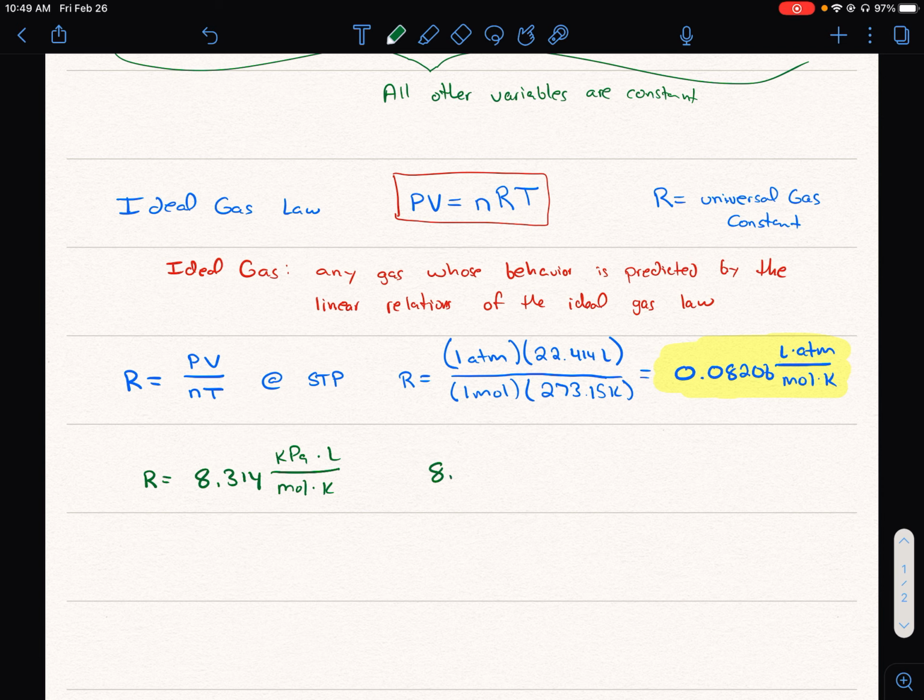Or we can have 8.314, and the units of this would be joules over mole times Kelvin. So it's always the same value of R, but we do have to watch out for the units given in the problem to figure out what value of R we need to use based on that.